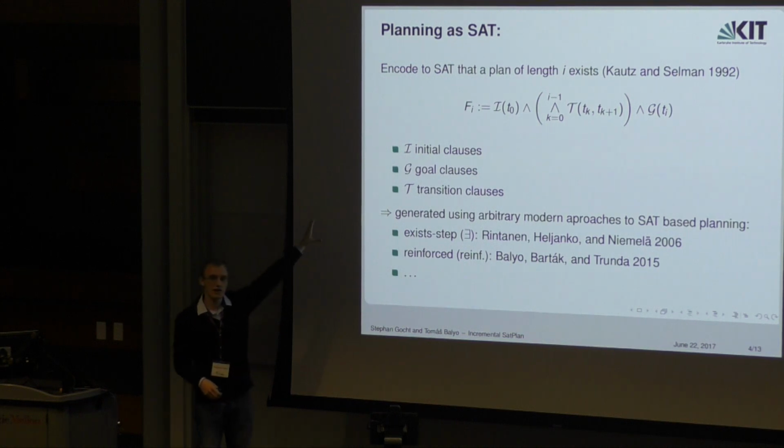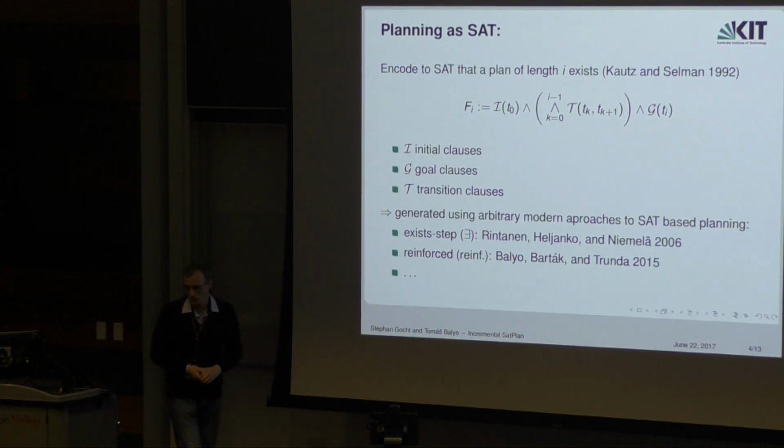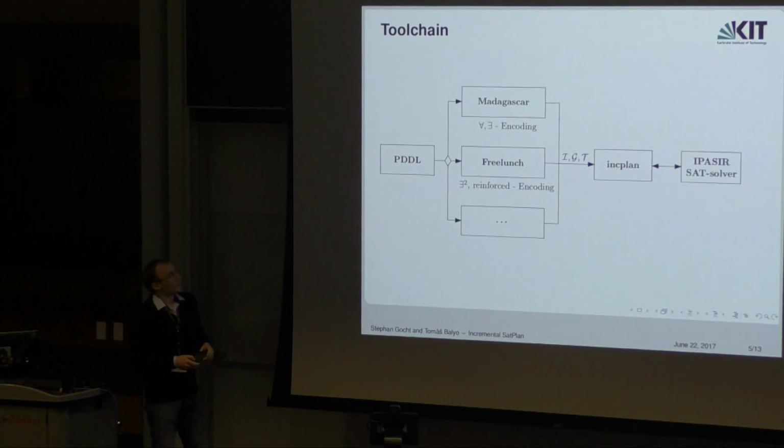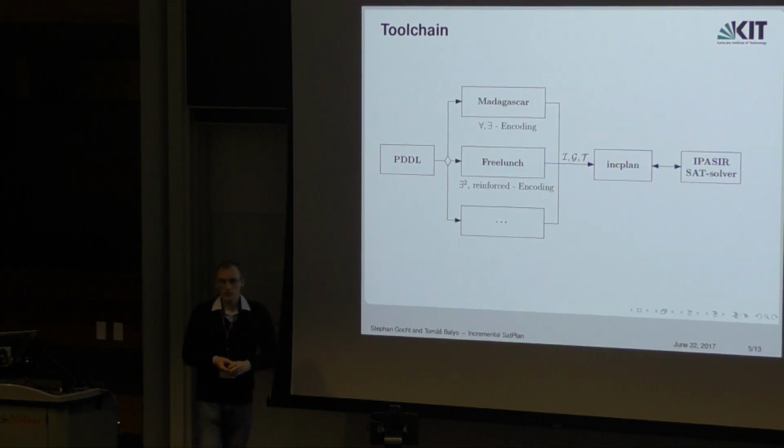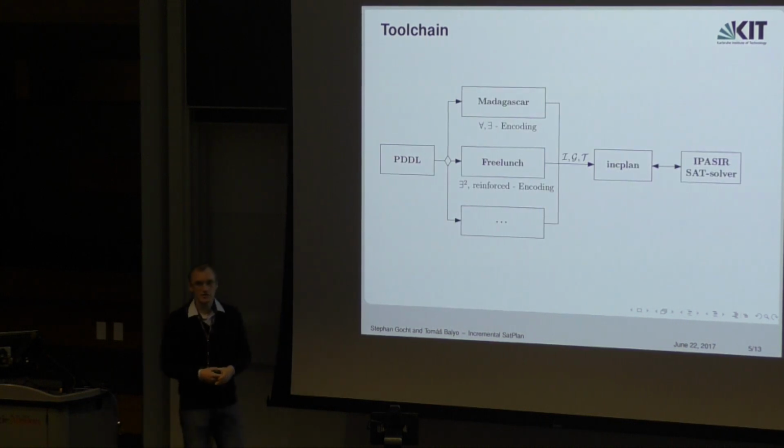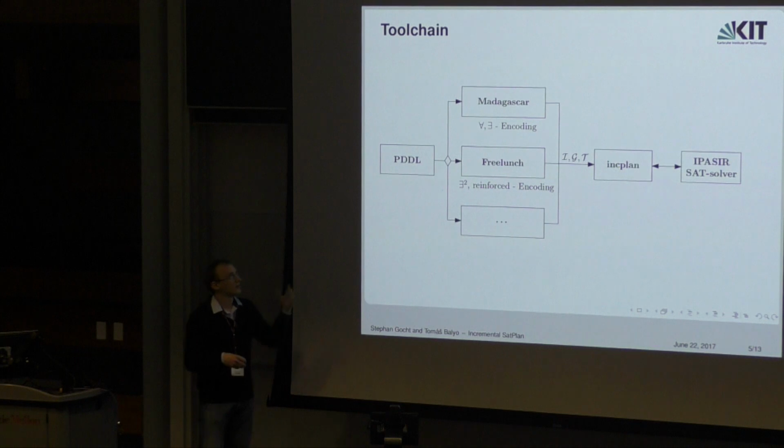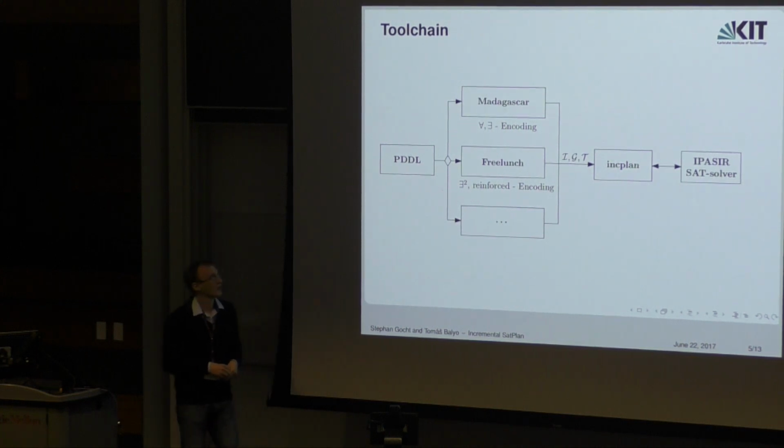We just have these three kinds of clauses. Overall, what we're going to do is take the PDDL style planning problem, and then use any SAT-based encoder like Madagascar or Freelunch, or any other encoder that can transform the problem in terms of these three kinds of clauses.